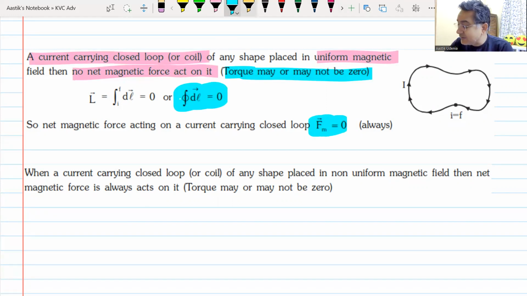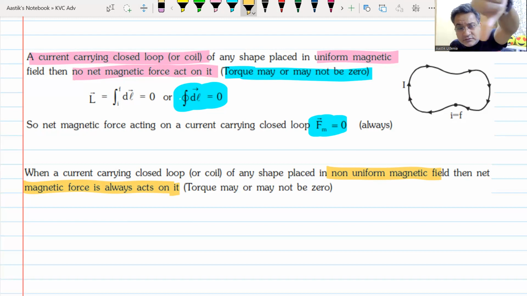But if it is placed in a non-uniform field, then the magnetic force is not going to be 0. When I say uniform magnetic field, the magnetic field must be constant in magnitude and constant in direction. Do we understand this? Yes or no? You have 2 minutes to note down.